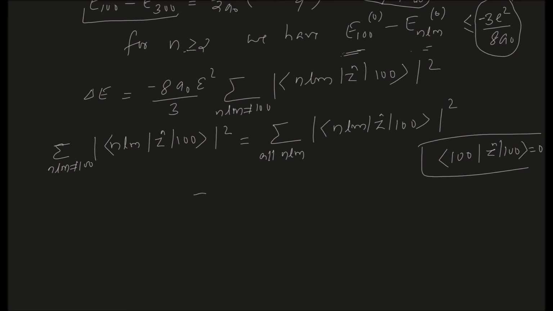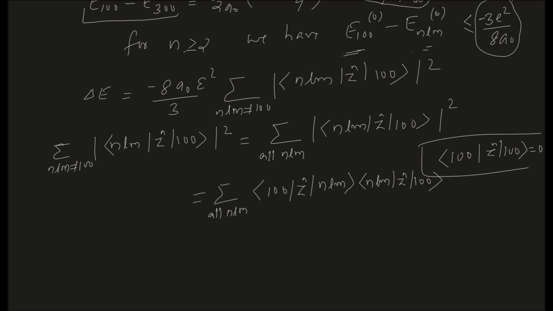So the right hand side can be written as sigma over NLM, ⟨100|z|NLM⟩ ⟨NLM|z|100⟩. Right. So we have written it as the product of two expressions.